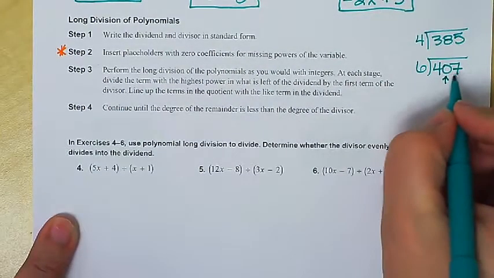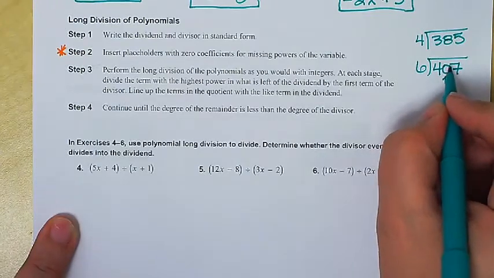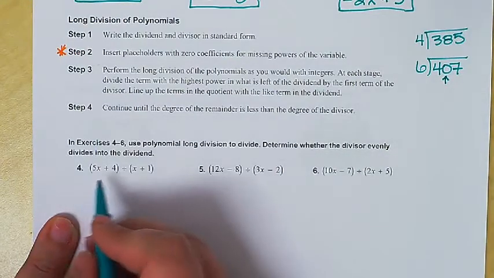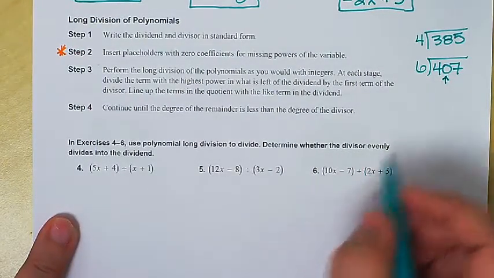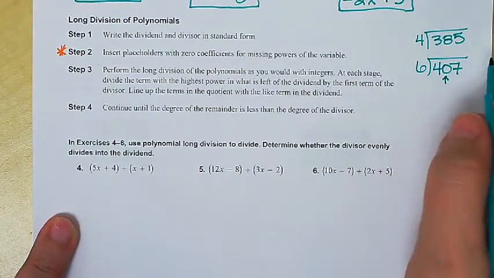Like if I want the number 407, we have our 7 in the ones place, we don't have anything in the tens, and we automatically write that 0 placeholder. But in polynomials, most of the time we just skip from one term to the next. So you're going to want to make sure you insert that 0 placeholder.